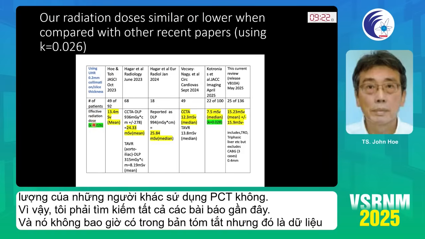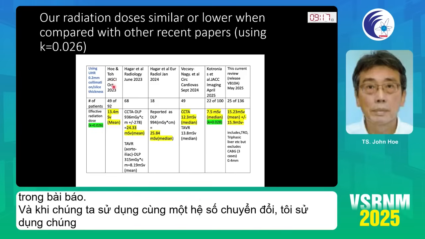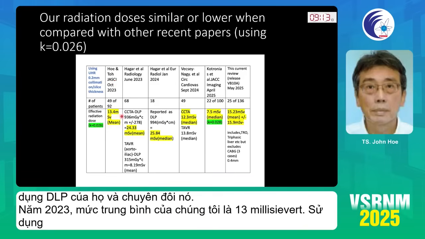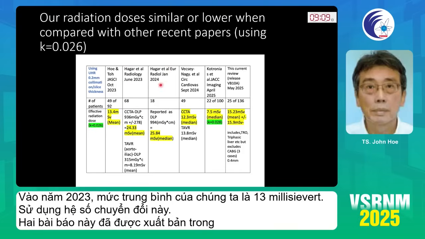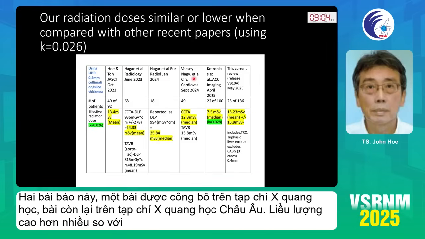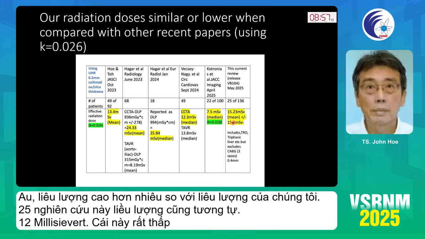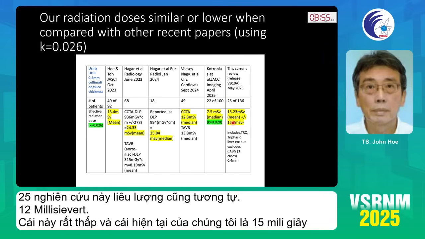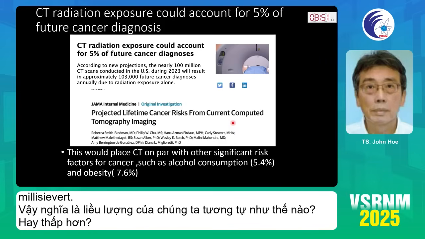When we use the same conversion factor, I used their DLP and converted it. In 2023, our average was 13 millisievert using this conversion factor. These 2 papers, one published in Radiology, the other in European Radiology, the dose was much higher than ours, 25. This study, the dose is similar, 12 millisievert. This one was very low, and our current one is 15 millisievert. So that means our doses are similar to, or lower than, what is actually published.